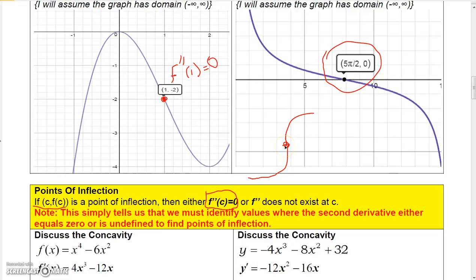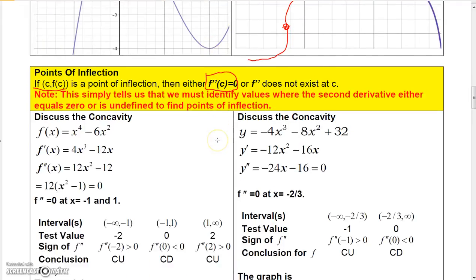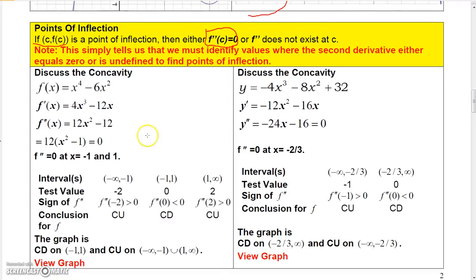So here's a point where the second derivative would be undefined, but yet this would still be a point of inflection because the concavity changes from concave up to concave down. Okay, so basically we can discuss the concavity by looking at places where the second derivative is 0.